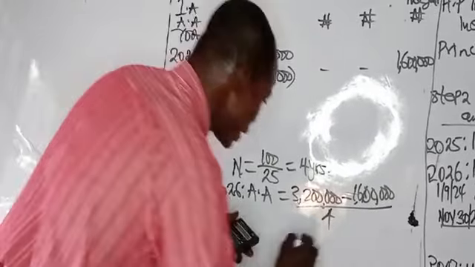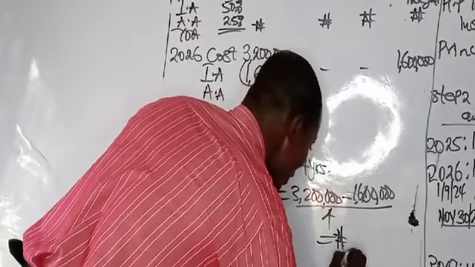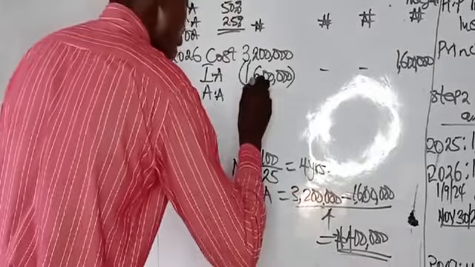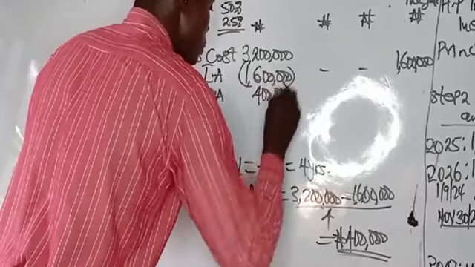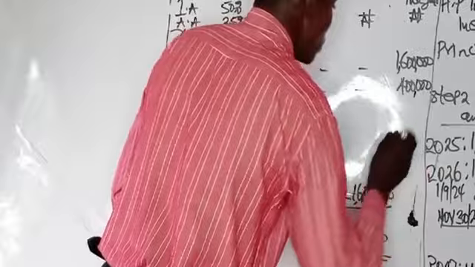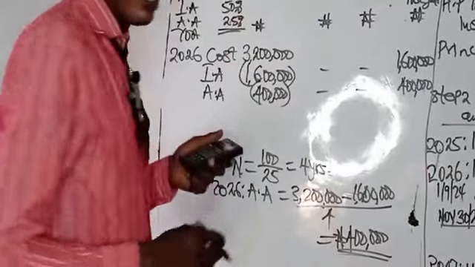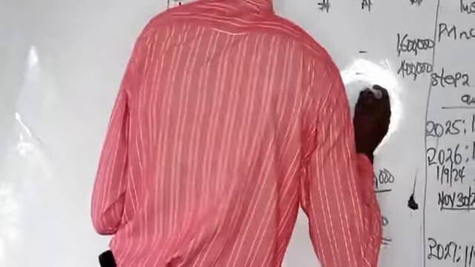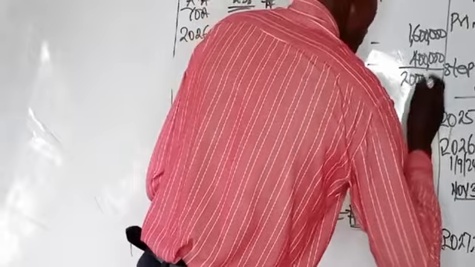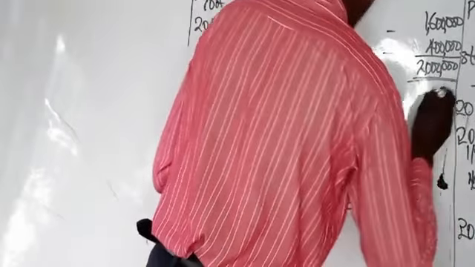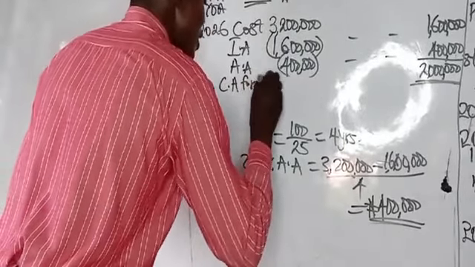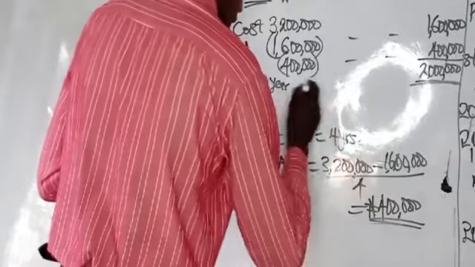So we have 400,000. Remember, in the question, you have to ignore the investment allowance. So if you add the initial allowance and annual allowance, you'll be having 2 million. That 2 million is the capital allowance for the year.